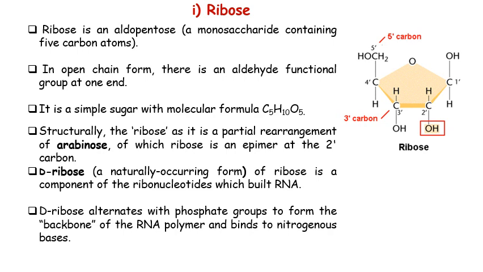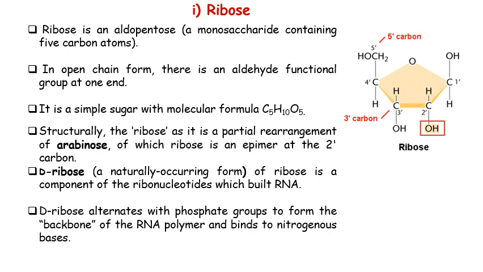That is why it is called aldopentose. Aldo due to the aldehyde group, and pentose means it has 5 carbon atoms in total, and 4 in the ring.